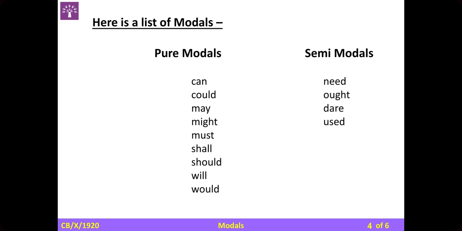These are the modals: can, could, may, might, must, shall, should, will, would. There are some other words, those are considered semi-modals: need, ought, dare, used. We can also say them like need to, ought to, dare to, and used to.